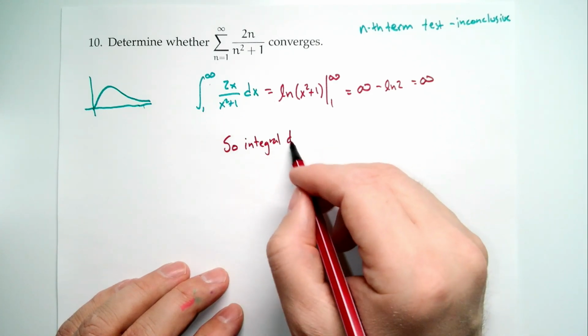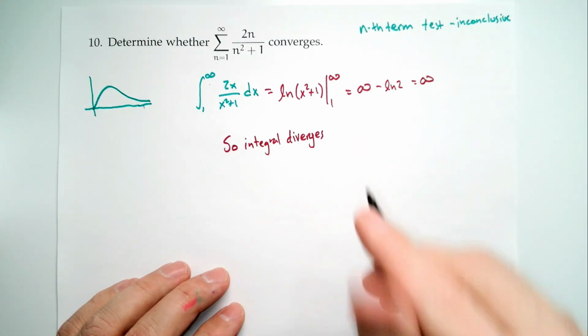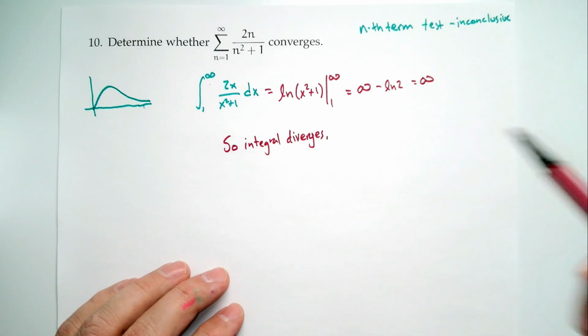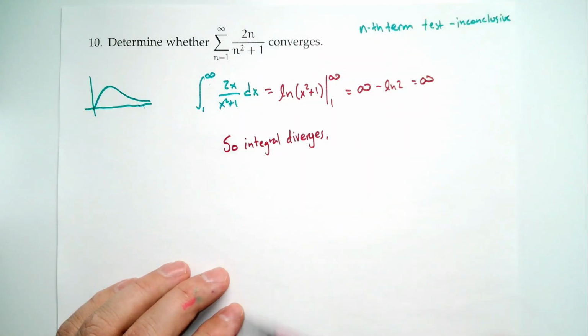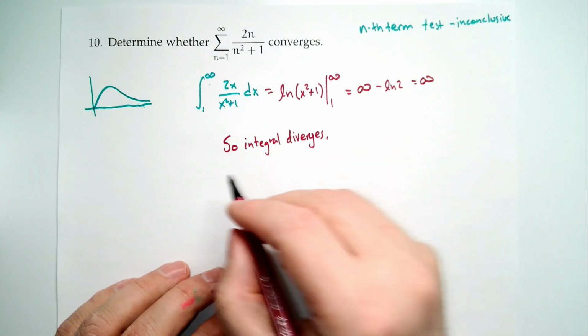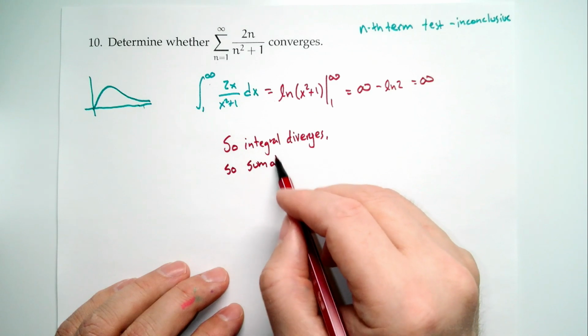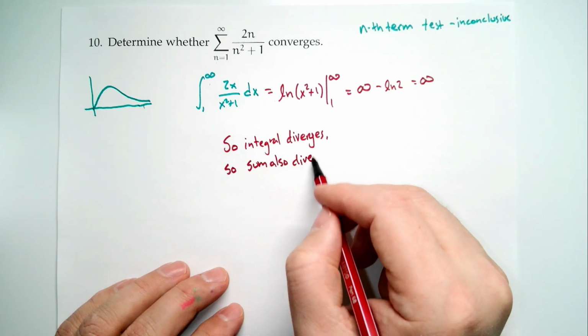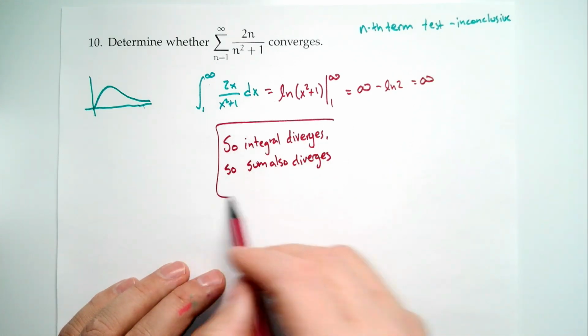That's what we figured out, because we can use our tools from doing improper integrals. Now, once we know the integral diverges, the integral test says that these two things come together. And so, our conclusion is that the sum also diverges. Now, of course, diverges is just a fancy way of saying does not converge.